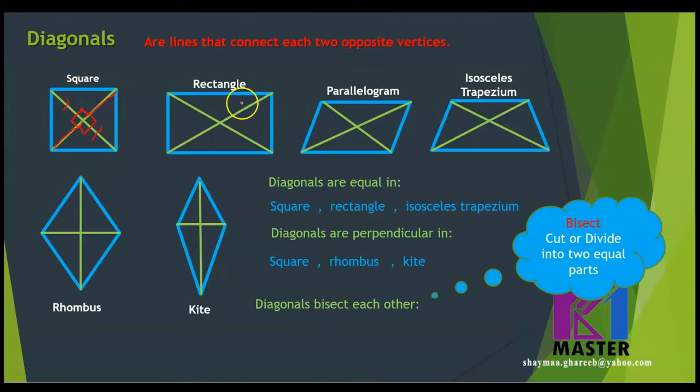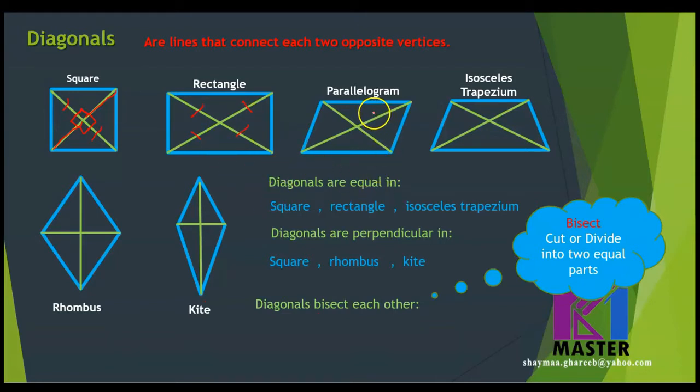What about the rectangle? This part of this diagonal equals this part of this diagonal, and this part of this diagonal is equal to this part of this diagonal. So they bisect each other in the rectangle.